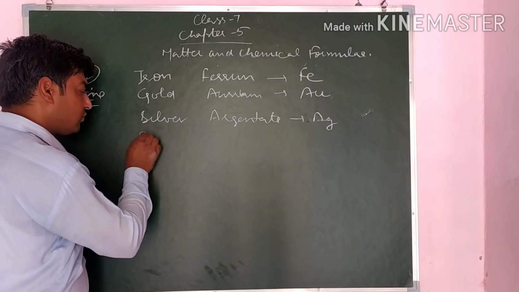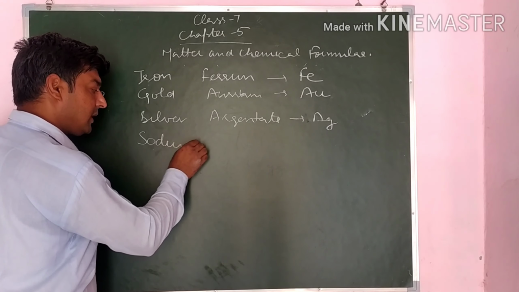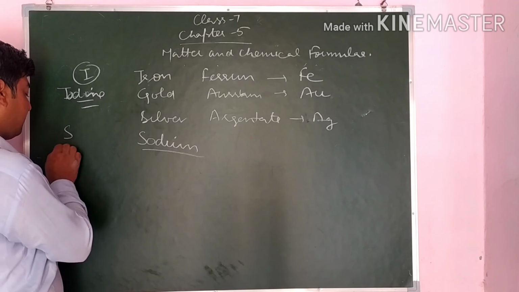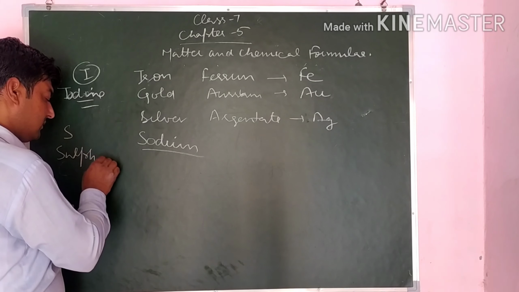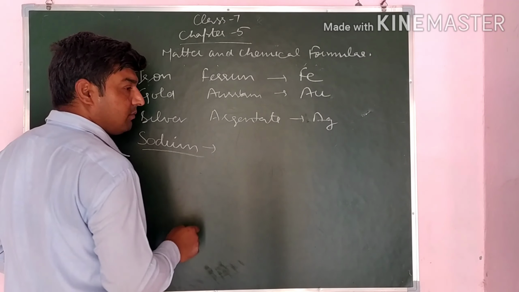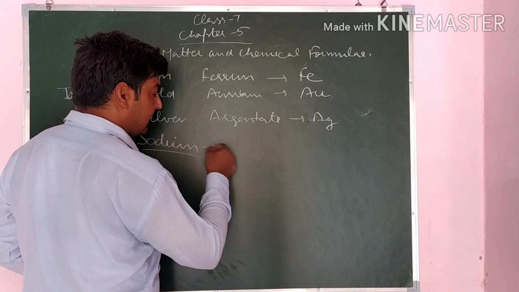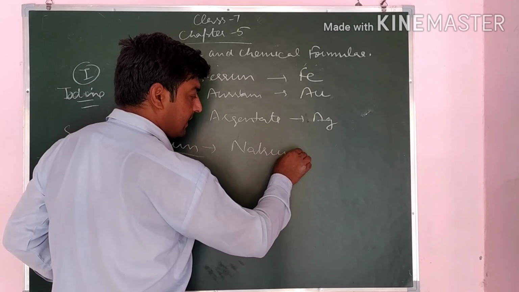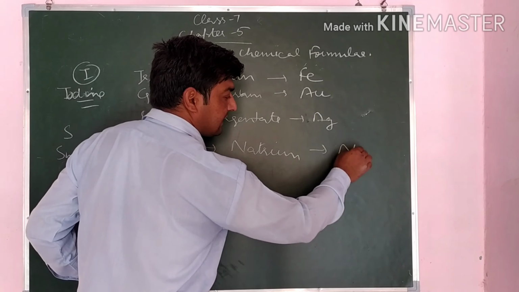Similarly, we have sodium. The symbol of sodium is not S, because S is the symbol of sulfur. The symbol of sodium is taken from its Latin name, natrium, so its symbol is Na.